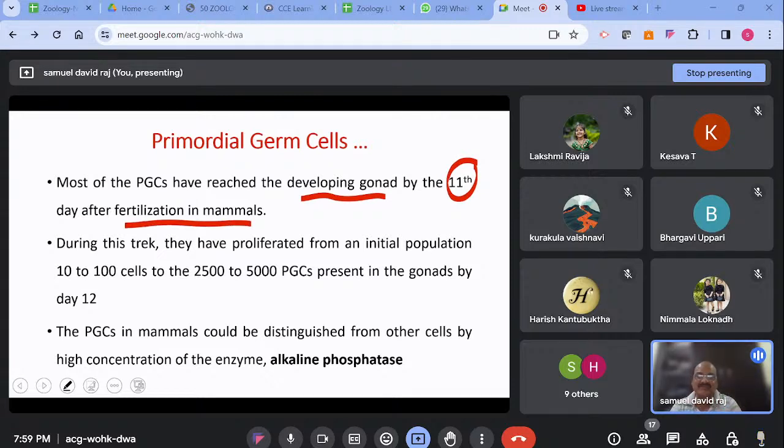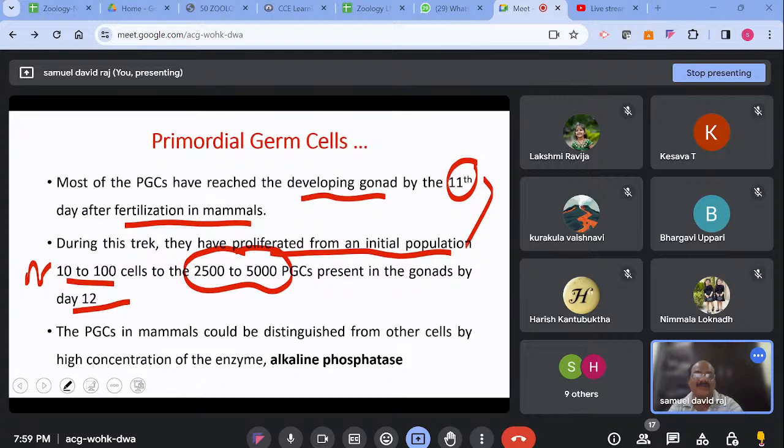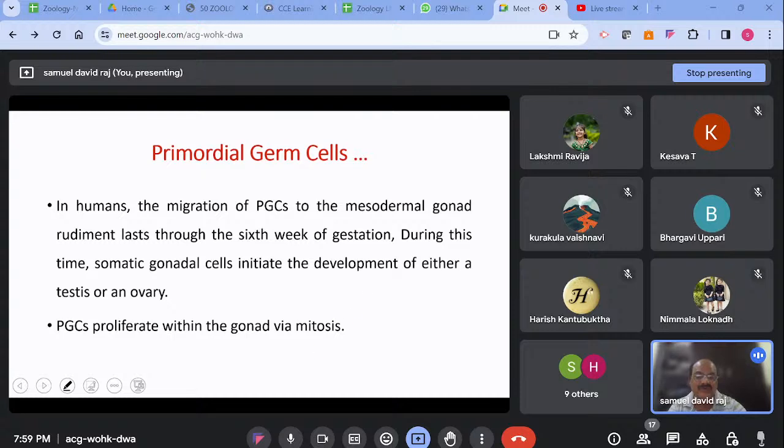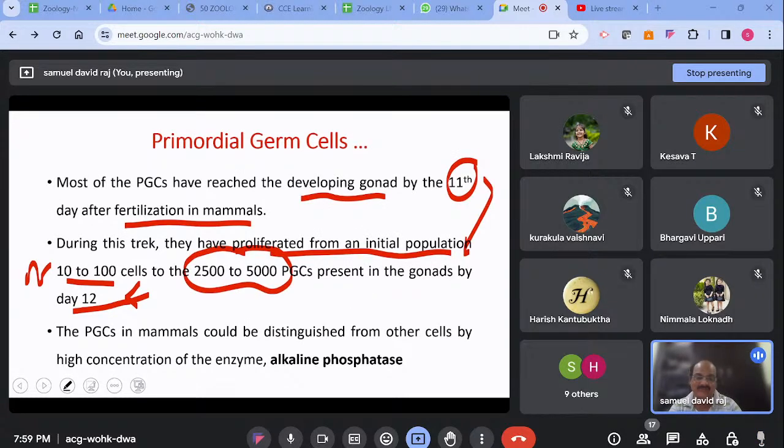During this passage, or trek, they proliferate from an initial population of 10 to 100 cells to about 2500 to 5000 cells in the gonads within just one day. From the 11th day to the 12th day, they increase enormously in number due to continuous mitotic divisions.